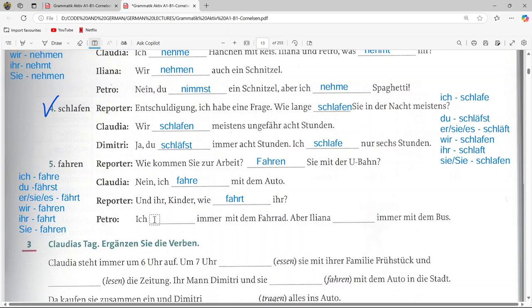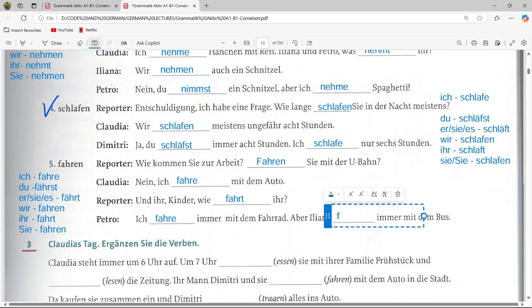And Petro is saying that ich is used here, so I will write, ich fahre immer mit dem Fahrrad. So I always travel with the cycle. Aber Ileana, so another person talking about Ileana, a female person, so this Sie will be replaced with this one and the conjugation will be fährt.